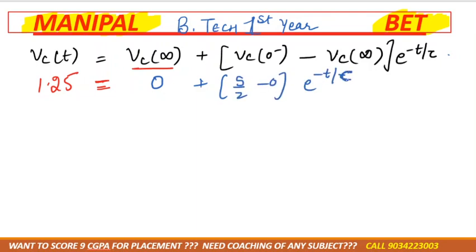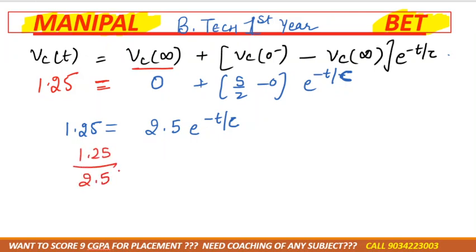Tau is C only, right? So if you solve it, this one is 2.5, e raised to minus t by C is equal to 1.25, right?